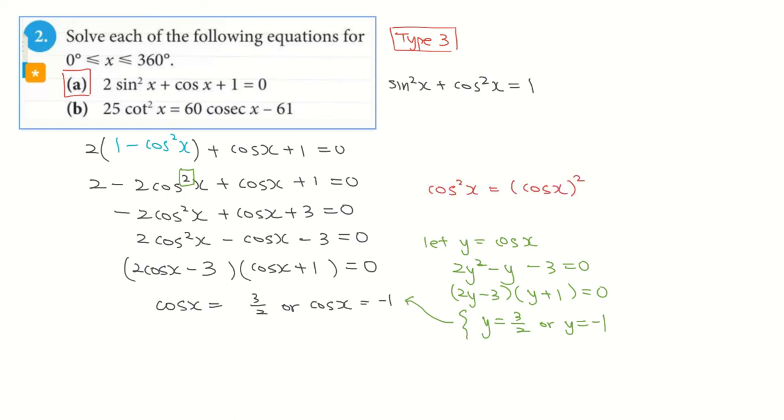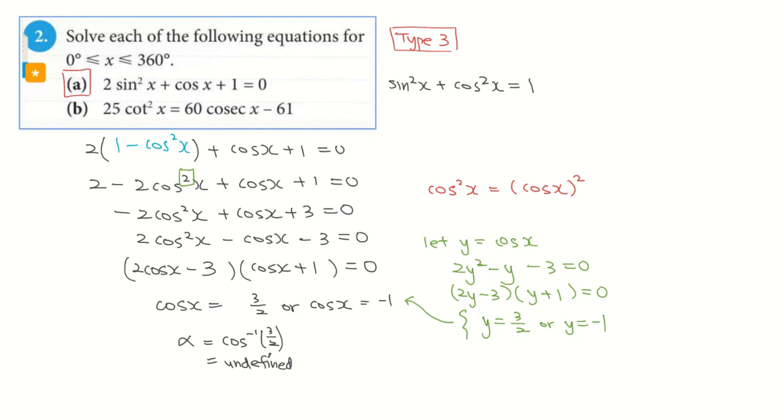Another quick clarification: cosine square is just the square of cosine. Okay, I'll continue. We will first always find the reference angle. For the first one, you can try keying in cosine inverse 3/2. What do you get?